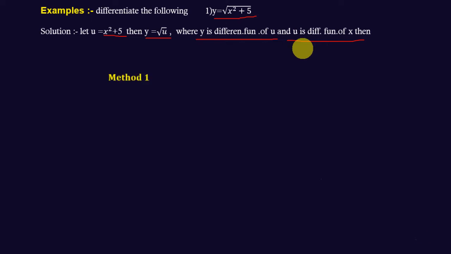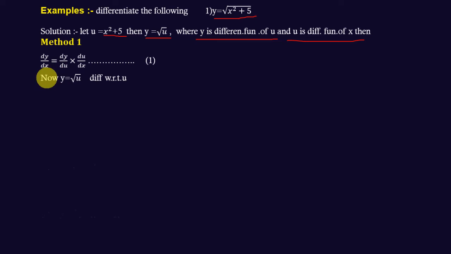That is the formula we get by using method 1: dy by dx is equal to dy by du into du by dx. We differentiate root u and then u with respect to x. First, y is root u, differentiate with respect to u. We know that the derivative of root x is 1 upon 2 root x.